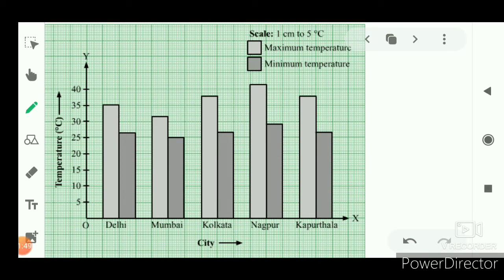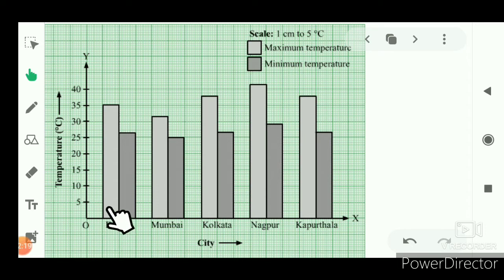Here on the x-axis we have the names of cities: Delhi, Mumbai, Kolkata, Nagpur and Kapurthala. These are the constant quantities, because the cities are constant, these are not moving and their values are not changing. We take the constant quantities on the x-axis, and on the y-axis we take the maximum and minimum temperature.